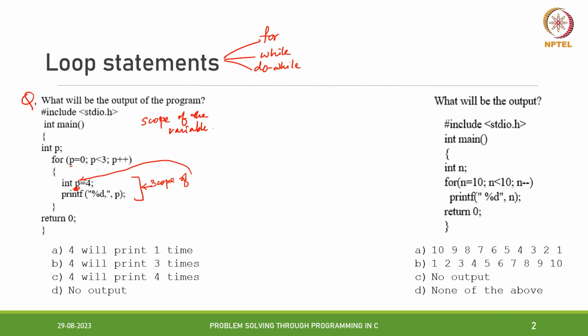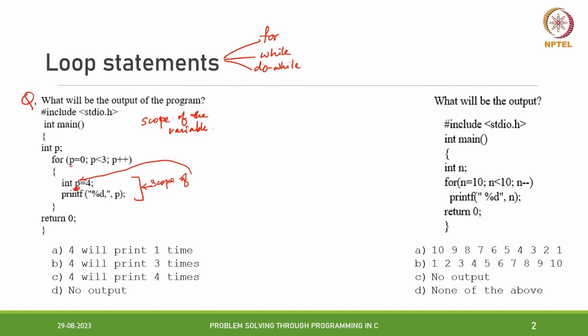So here also the same kind of logic applies, that here inside we have redefined this p and reinitialized it to a value of 4. That means this is going to have dominance here. Whatever we do with p inside the loop after redefining this p as 4, the p value will be 4.